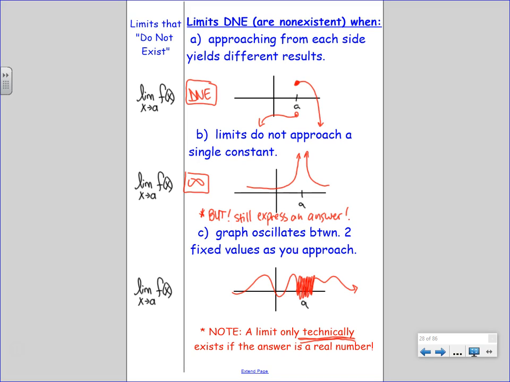It technically is not an actual limit, because an actual limit is talking about a constant, but we can still express where the function is approaching, and since both sides agree, the guy coming from the right and the guy coming from the left, I can say the limit, in a sense, is still able to be expressed, and so we say infinity instead of a constant.